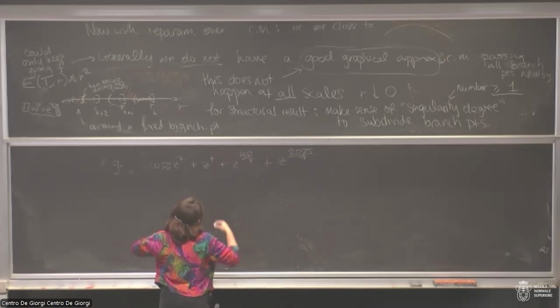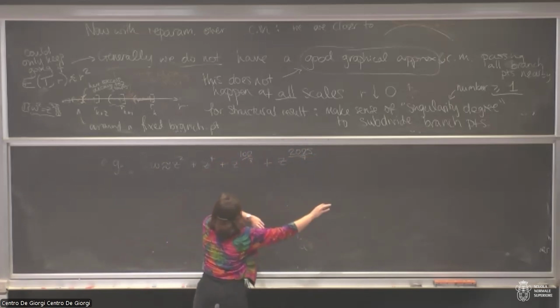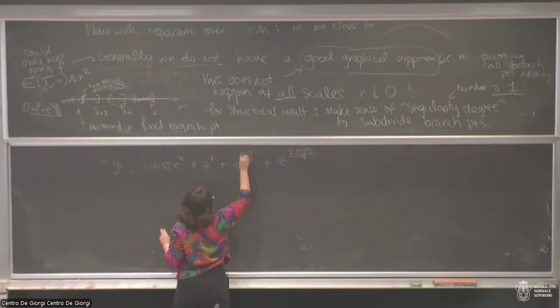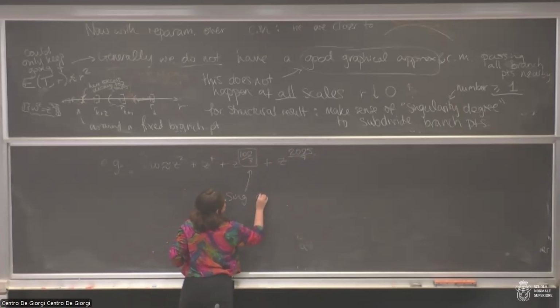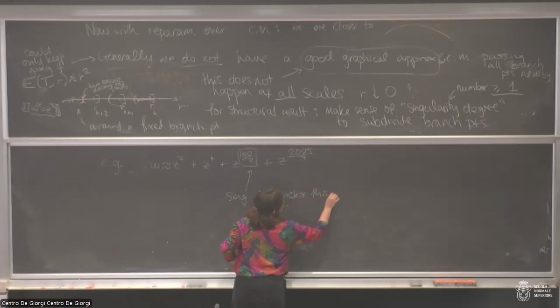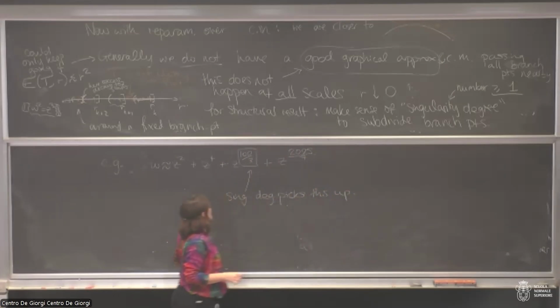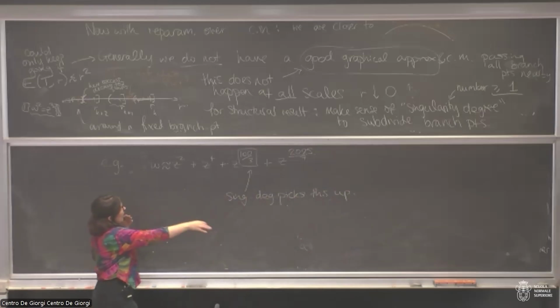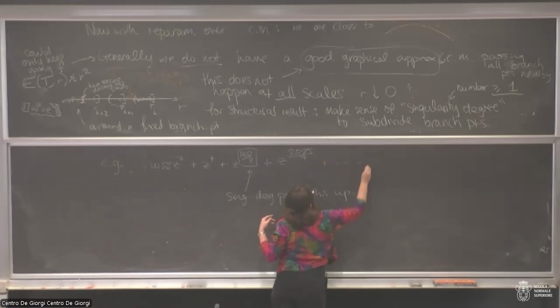So you can have many orders in this kind of expansion, and the point is, singularity degree picks up precisely this term. You can maybe have even higher order terms, but they don't matter.